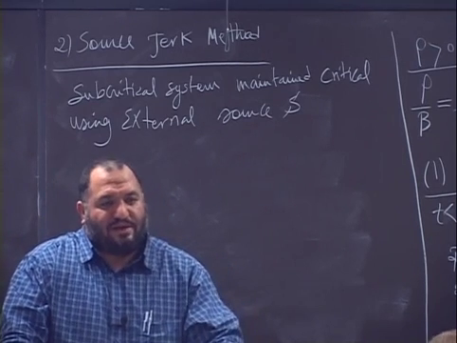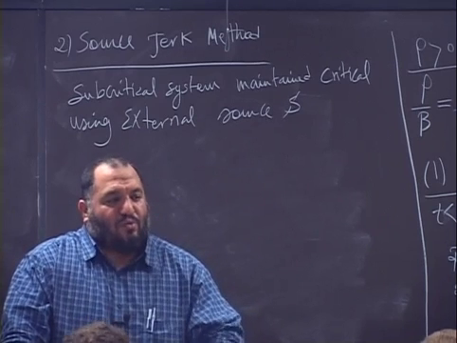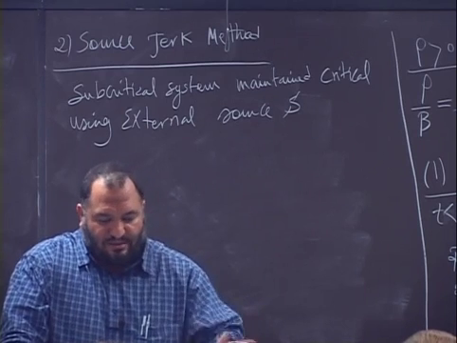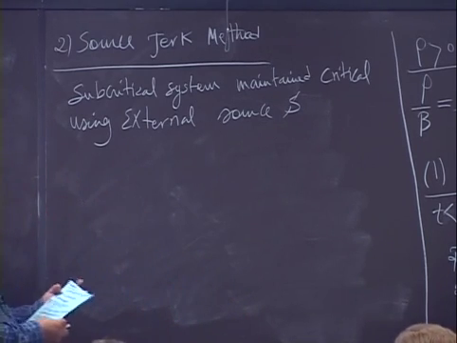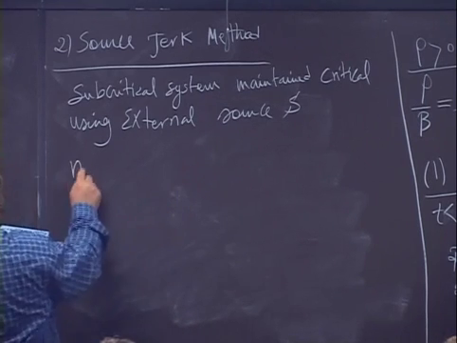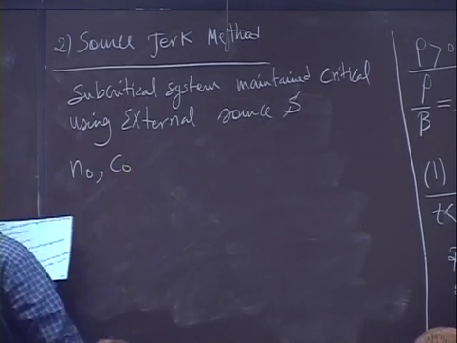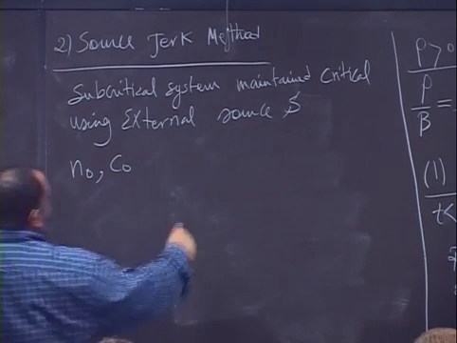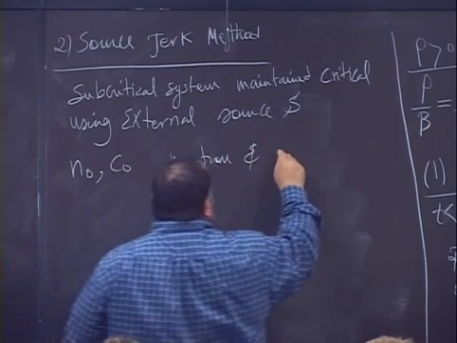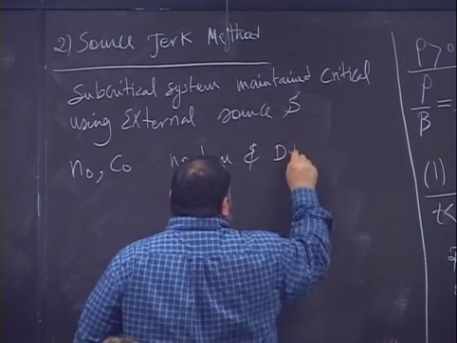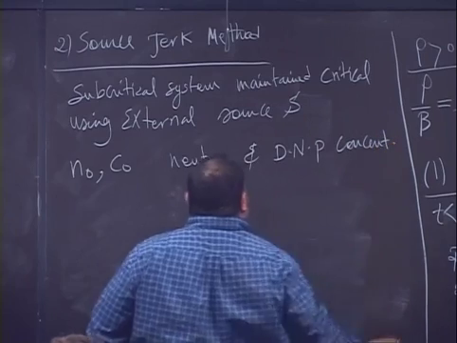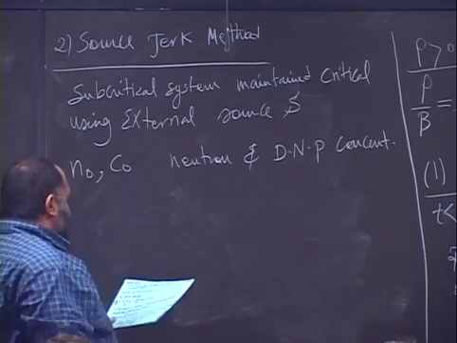So we will have a subcritical system, rho less than 0. We will have an extraneous source inside the core, so our reactor will be held critical, and the source is S, and N naught and C naught are the neutron and delayed neutron precursor concentrations at criticality using the extraneous source.